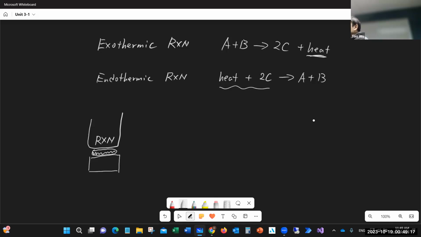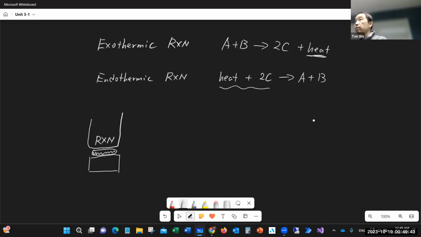Then you think about it: what's the system they are talking about? When we talk about endothermic and exothermic, we always need to talk about what the system is. And here, what's the system we're talking about? Think about it.